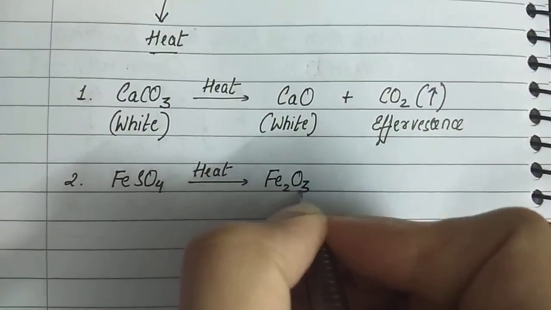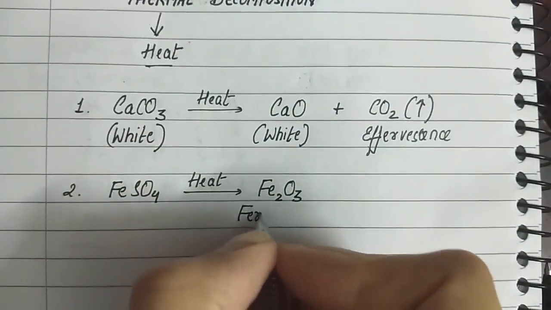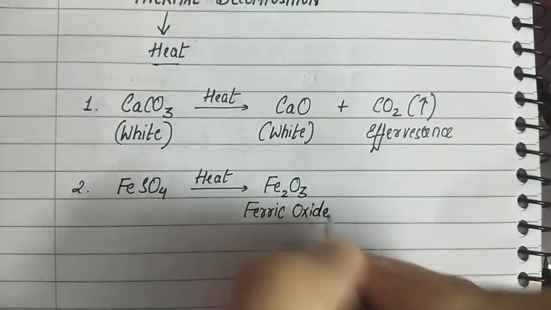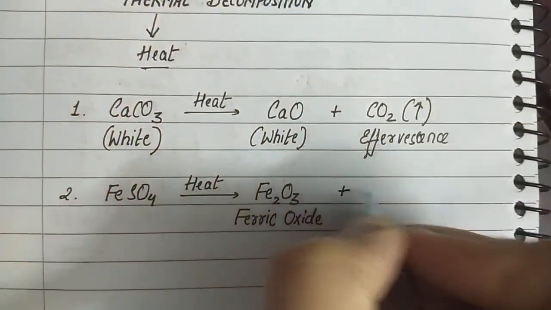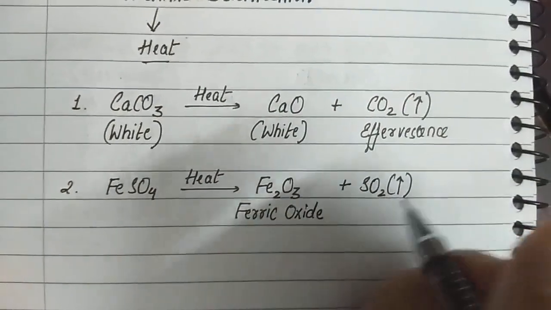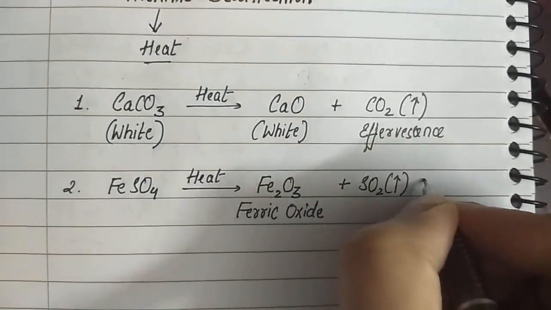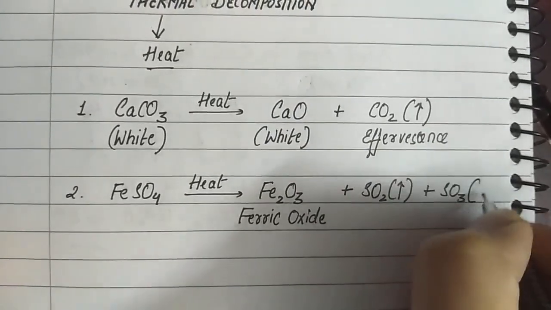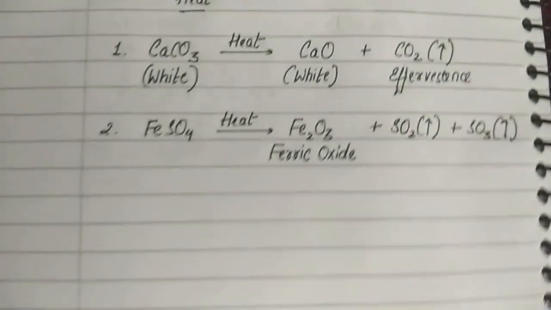The first one being Fe2O3, which is called ferric oxide, which we have done in class 9th also, plus SO2, which is sulfur dioxide, which is a gas, and the third product is sulfur trioxide, which is yet another gas.